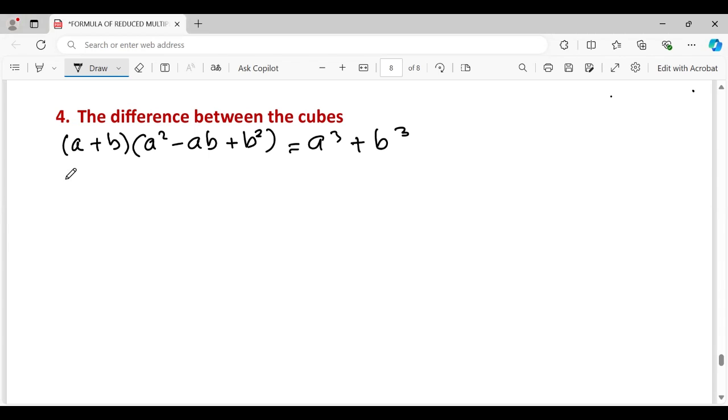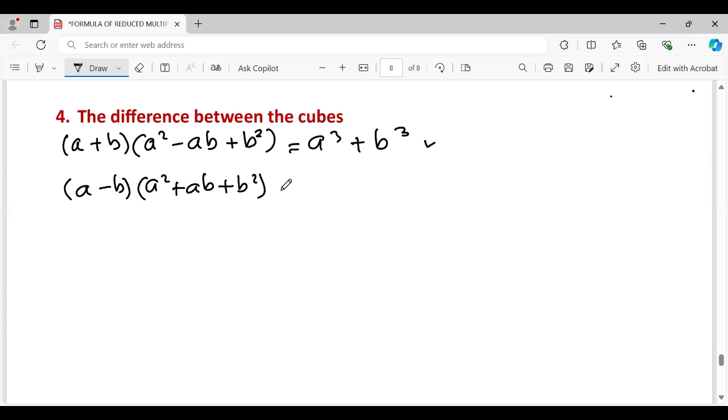So how about if (a minus b) multiply (a squared plus ab plus b squared)? It is different from the previous topic.